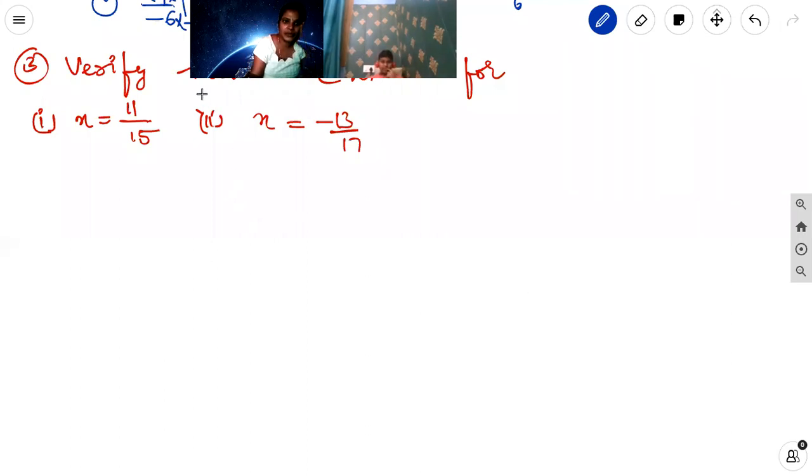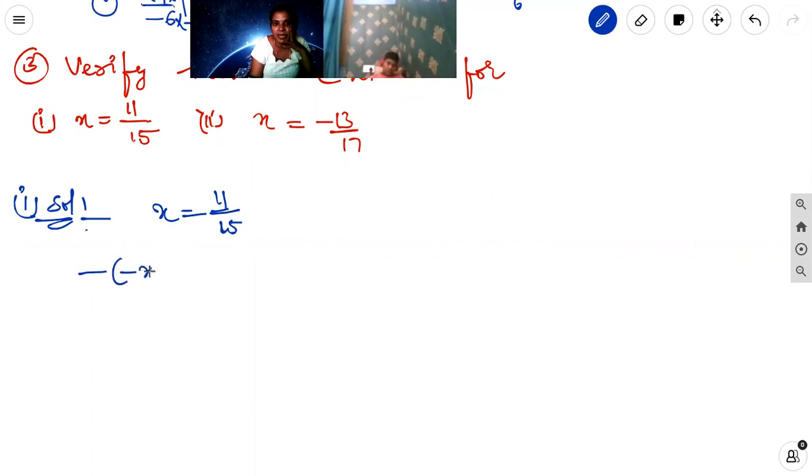Third question, verify that minus of minus x equals x. For the first one, x is 11 by 15, not minus, plus 11 by 15. Now minus of minus x is minus of minus 11 by 15.